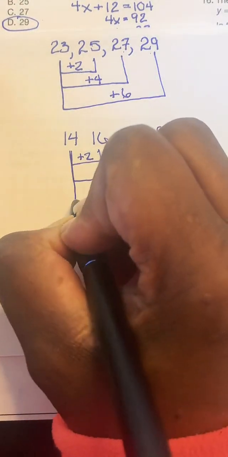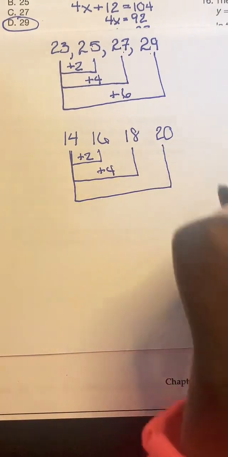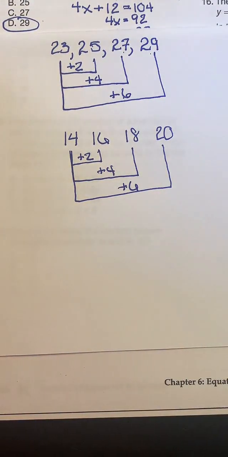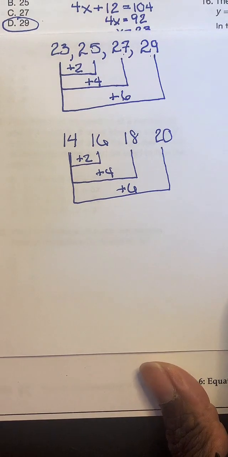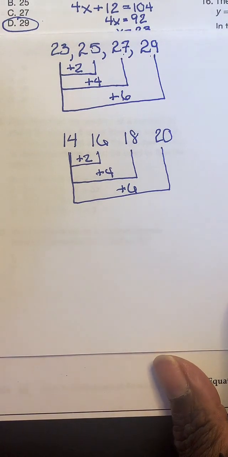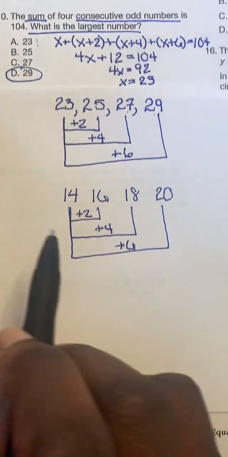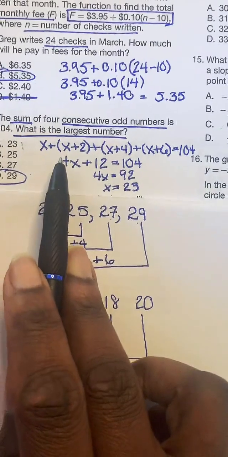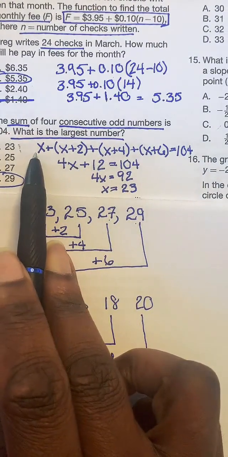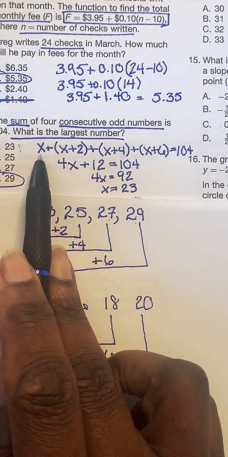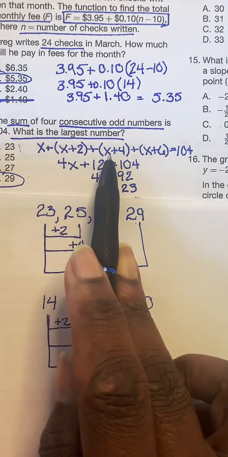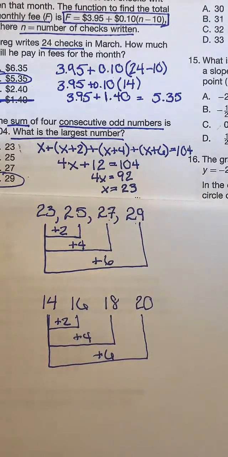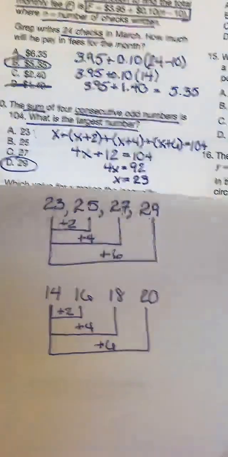And if I want to go from 14 to 20, isn't that plus 6? So anytime they say consecutive odd integers or consecutive even integers, you're using the whole plus 2, plus 4, plus 6 for your unknowns. Always start off with your x because you don't know what you're starting off with. And then you just add your pattern in, depending on how many terms they want. I know, that was a little trick.